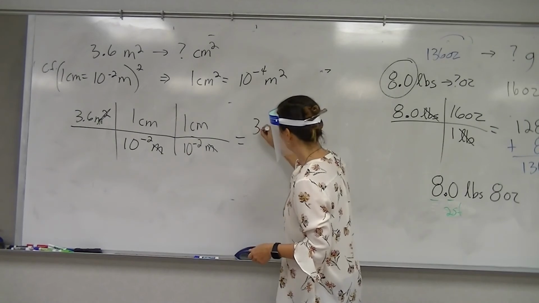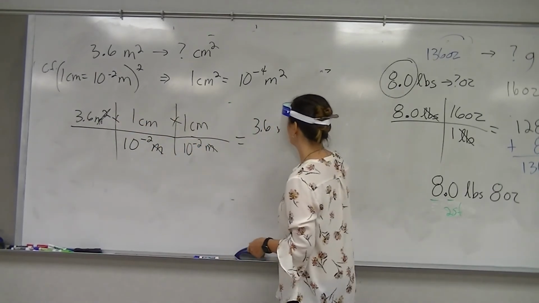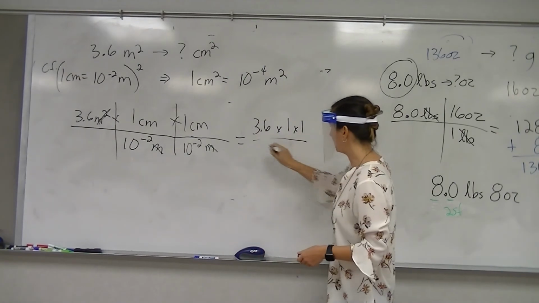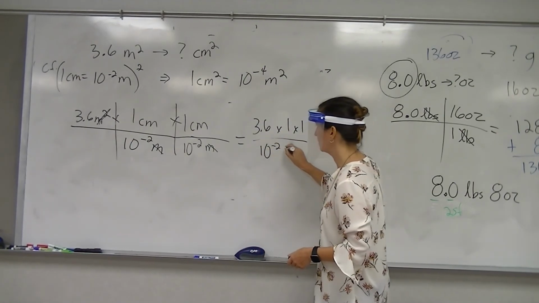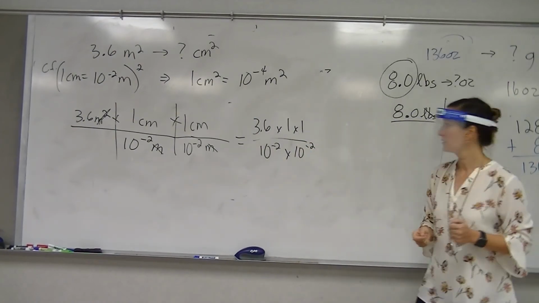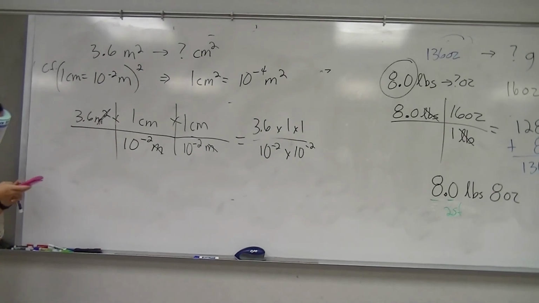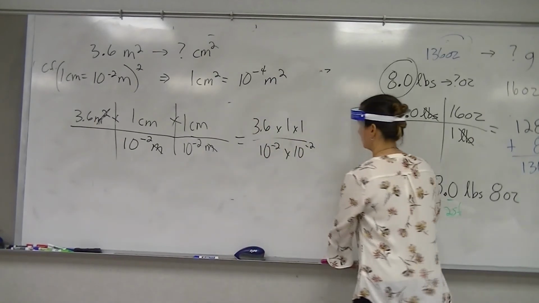So to solve it, remember, multiplying across. So 3.6 times 1 times 1, and then on the bottom, I'm going to get 10 to the negative 2 times 10 to the negative 2. Actually, that's just 3.6 times 10 to the 4th, isn't it?